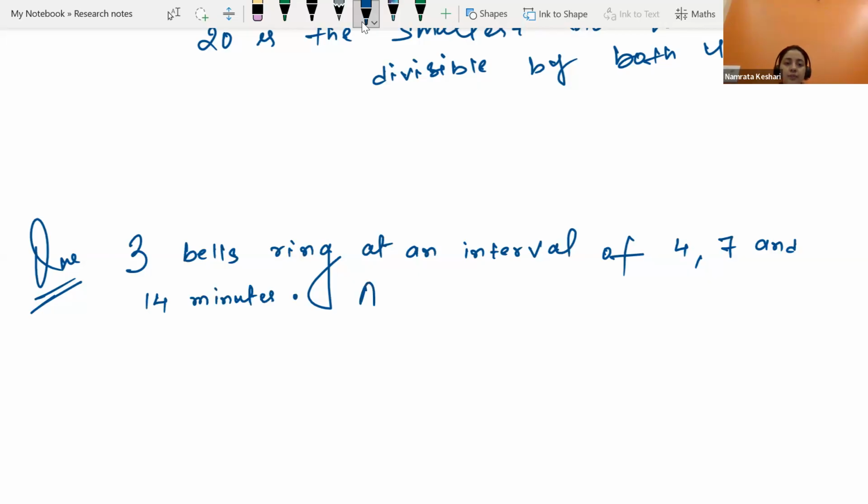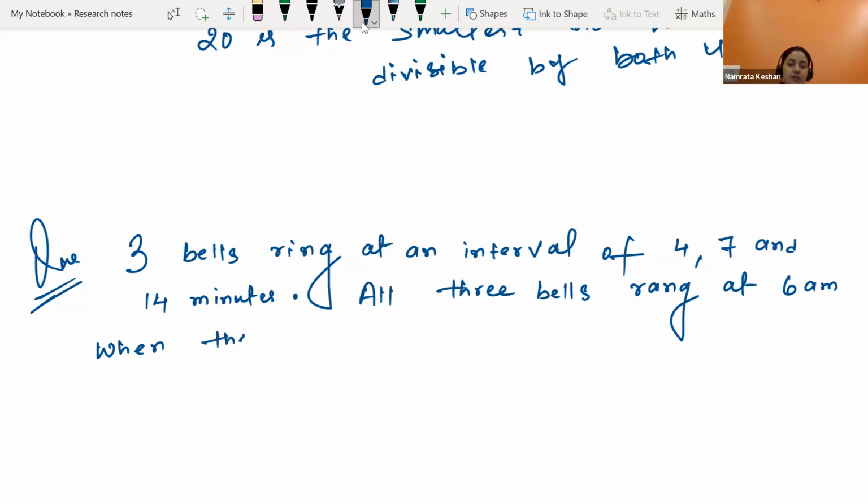All 3 bells rang at 6 a.m. When will the bells ring together again?